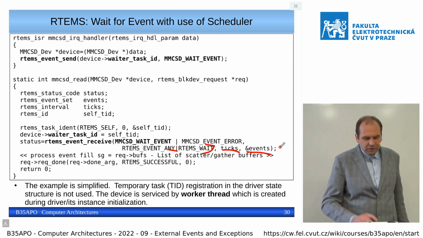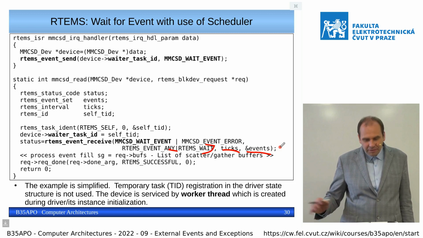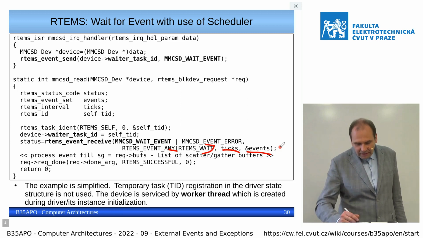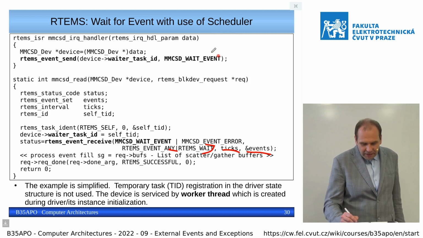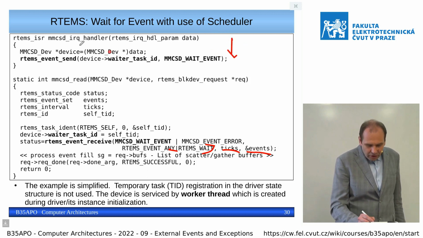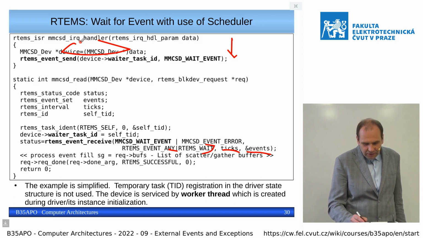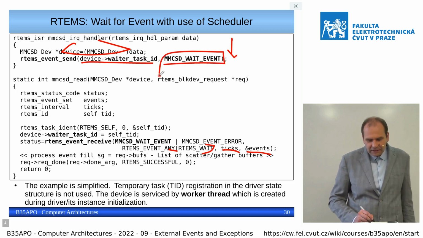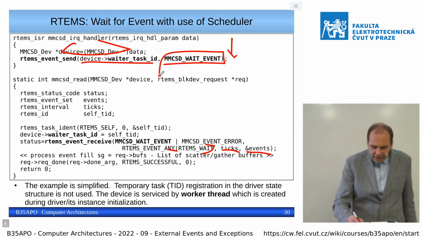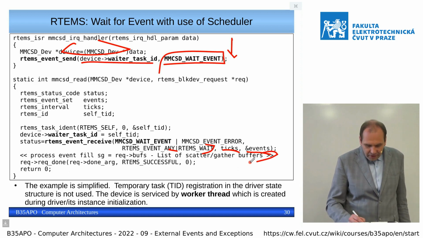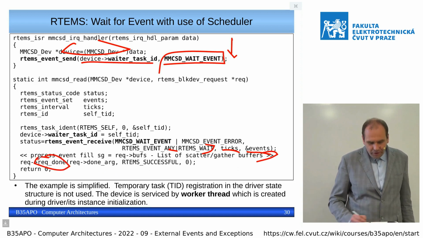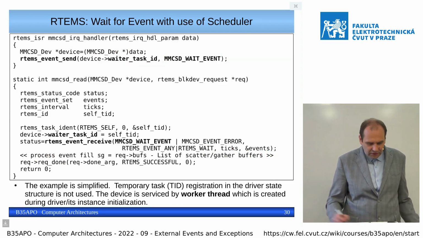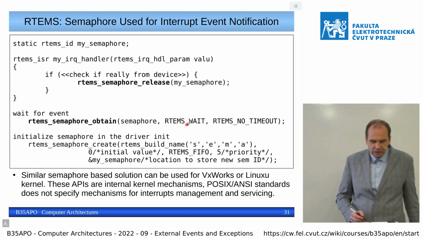The task is stopped, and for example a graphic update is running in parallel. Then the SD card delivers data, and at that moment this interrupt handler copies data somewhere. It is not important at this moment, but it knows which task should be woken up and sends it the event. And it can then process data and mark the request for access to the SD card as done. So it is yet another possibility.